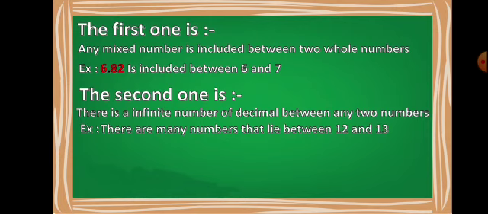To find the numbers between 12 and 13, we add a point to the right of the number and write any numbers after the point, such as 12.1, 12.2, 12.3, 12.4, and 12.40, and so on.